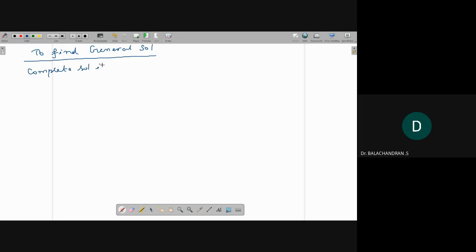What is the complete solution? Log of az minus 1 is equal to x plus ay plus b. I call this equation number 2.